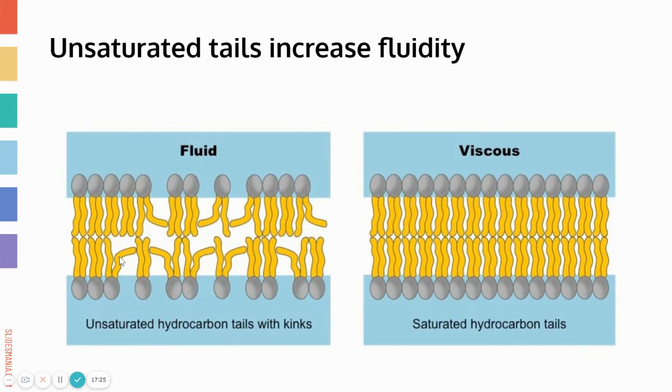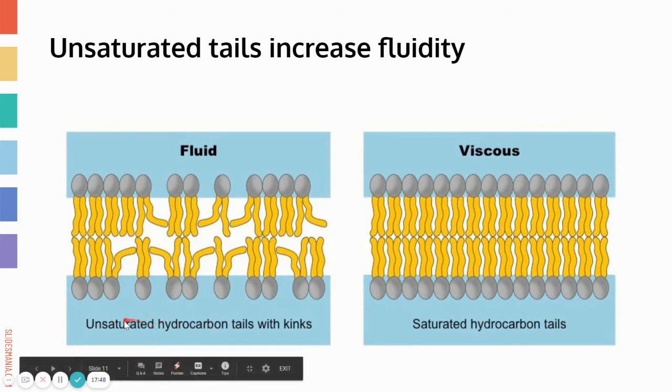So normally a carbon has 4 spots where things can bind to it. But if it's got a double bond as one of those spots, then it's only able to bind to 3 things. So whereas all of these tails have 4, because of the way that the tails are set up, each carbon has 2 hydrogens. Some of these tails would only have 1 hydrogen. So they're unsaturated with hydrogens, whereas these ones are saturated.